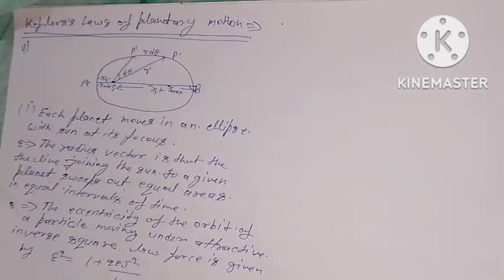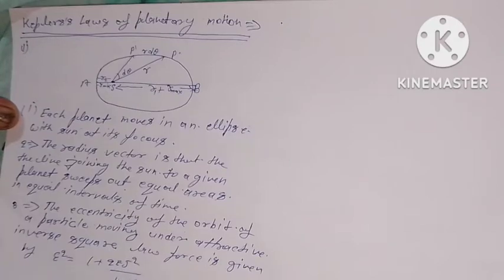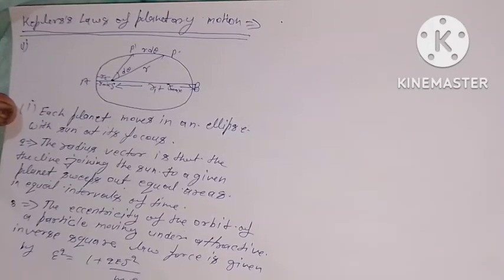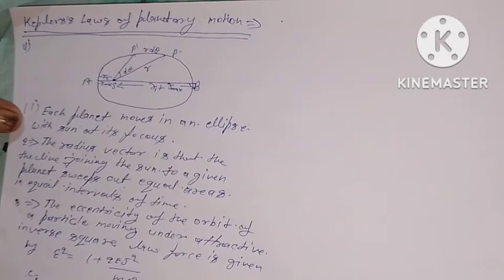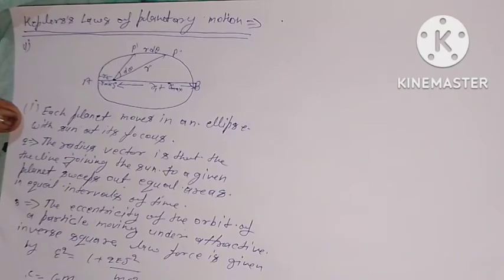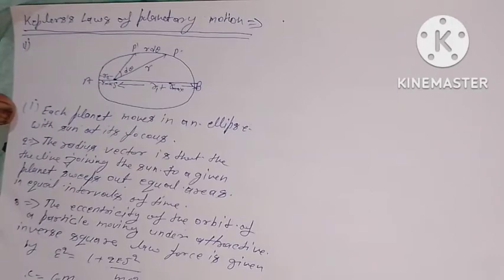This expression we studied previously, where J is the angular momentum of the particle, and small m is the reduced mass, E is the total energy, C is the constant, which in the case of gravitational force is C equal to G capital M small m, capital M being the mass of the body about which the particle moves, and G the gravitational constant.